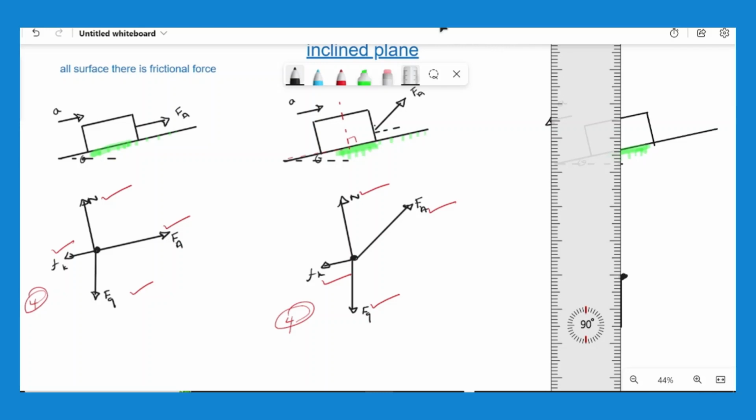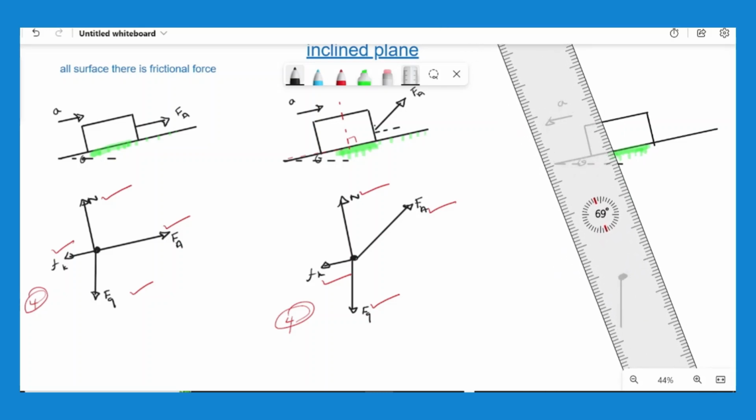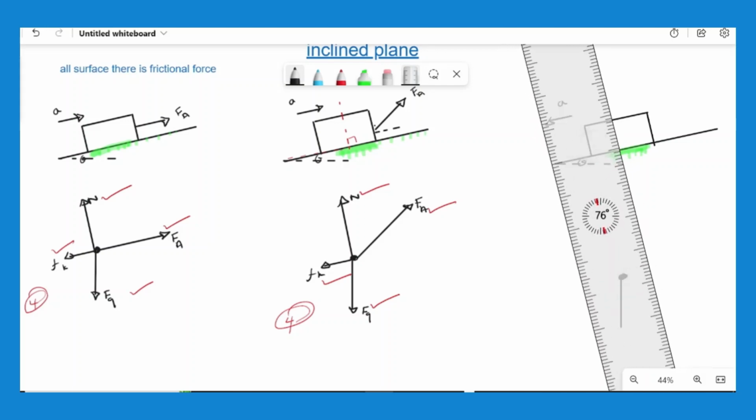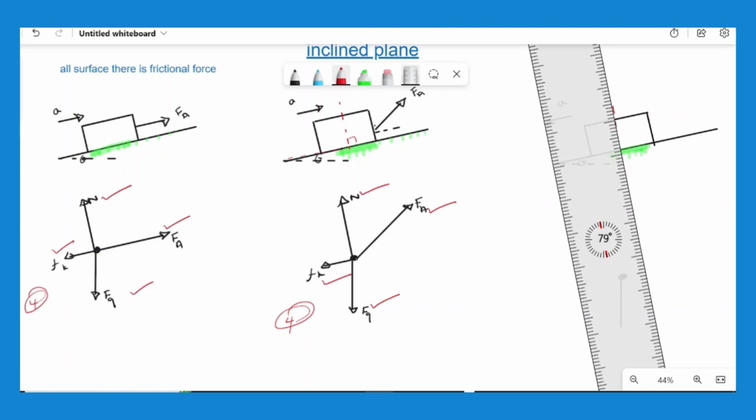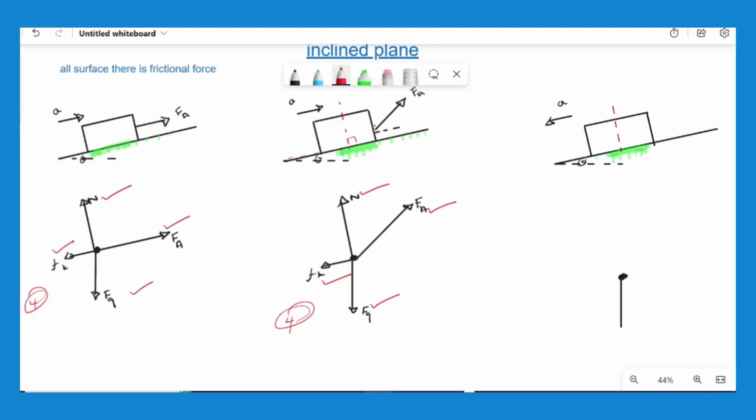Okay, but then now the normal force, if you remember what we said about the normal force, it has to be the force that is perpendicular to the surface. So if I can indicate my normal force there, you will see that I'm going to have something like this. Should be my normal force that is perpendicular to the surface.